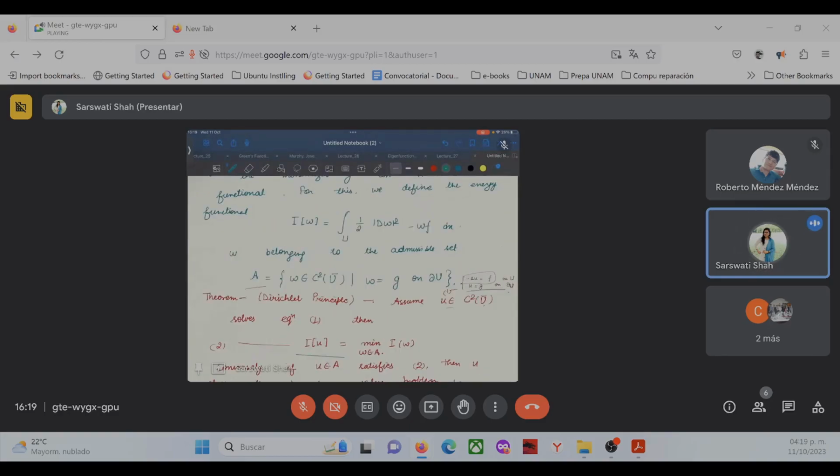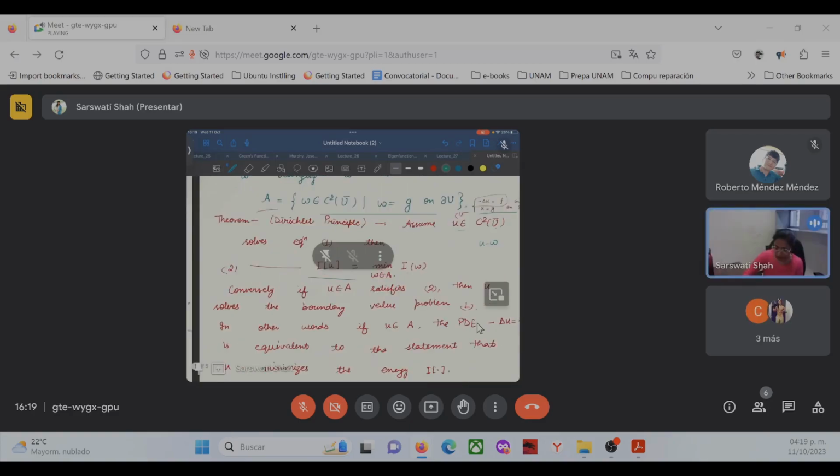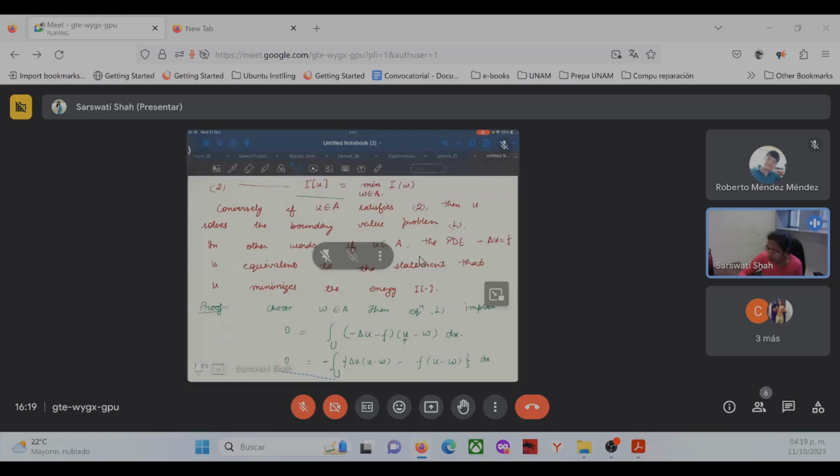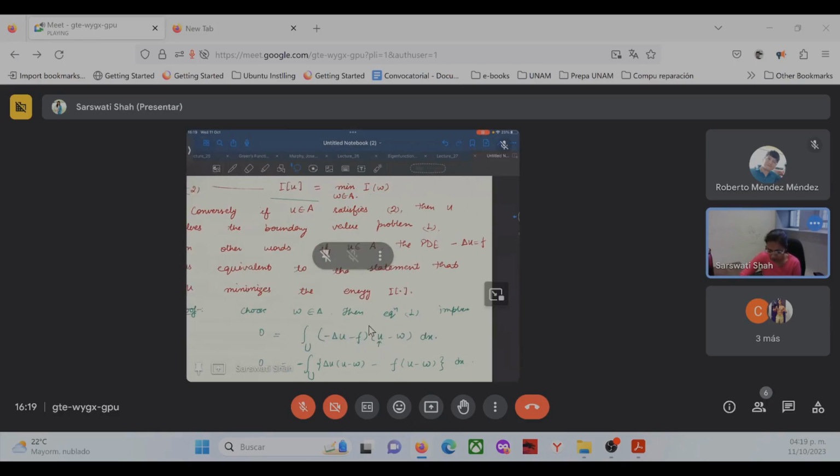G. And if W is coming from this admissible set, what will be the value of W on the boundary? Zero. So what will be the value of U minus W on the boundary? Zero. So I'm just going to the next phase. You are going to tell me everything you already know.